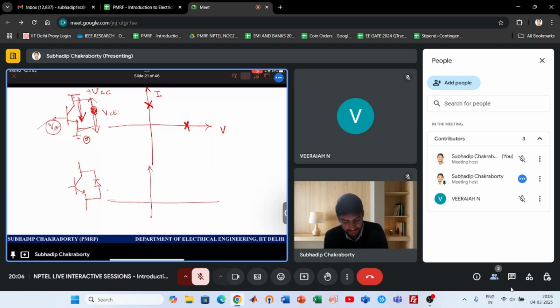Yes, tell me. Can it block forward voltage? Yes. Can it block reverse voltage? The answer is no, because still the device will be damaged.